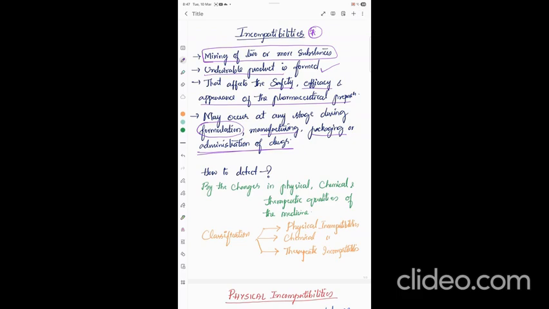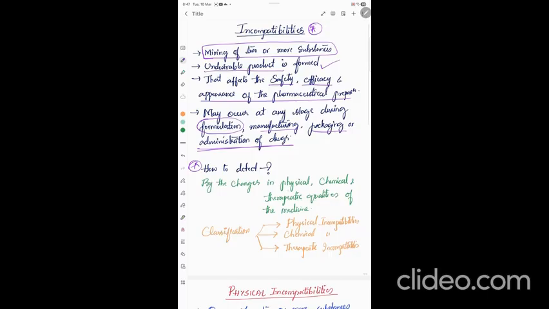So it can be detected. How do we have to detect this particular incompatibility? It can be detected by the changes that you can observe, like physical changes or chemical changes or even changes in the therapeutic qualities of the medicine. By observing these changes, you can identify whether any incompatibility has happened to the drug or not.